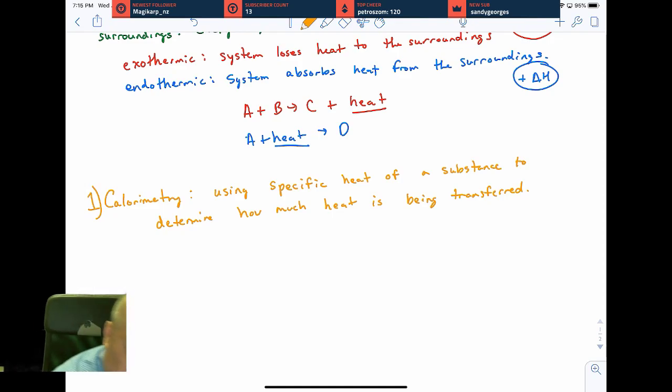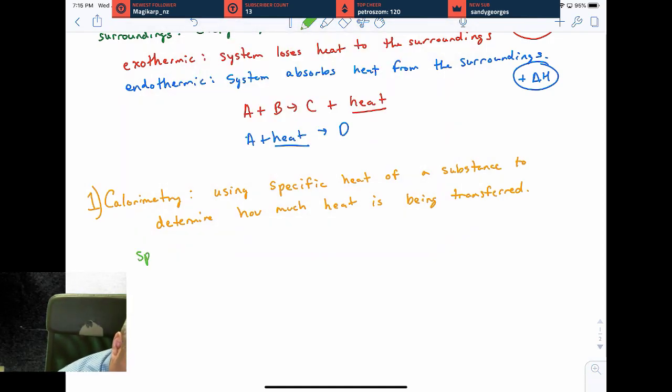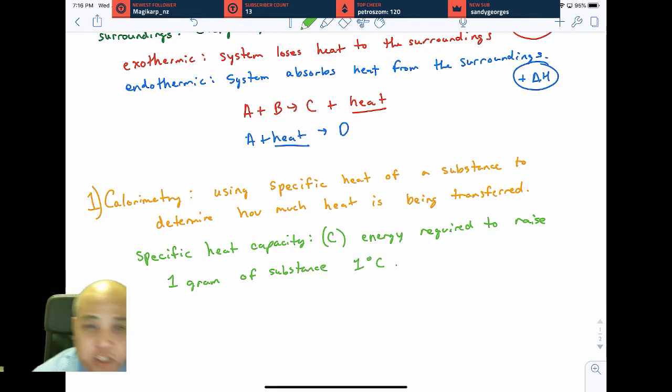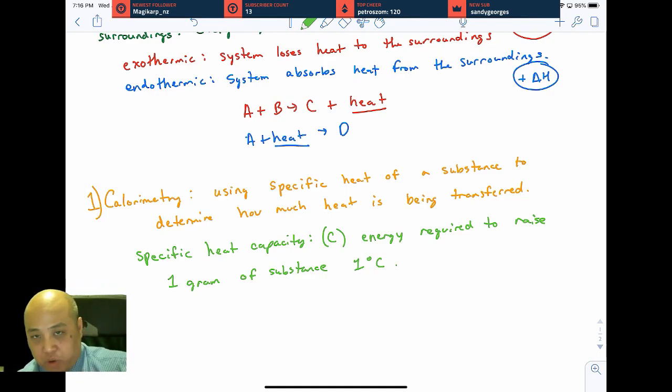And so when you look at specific heat capacity, it's labeled C, which is the energy required to raise 1 gram of substance 1 degree Celsius. So how much energy do you have to put in for each gram of substance to raise the temperature of it 1 degree?